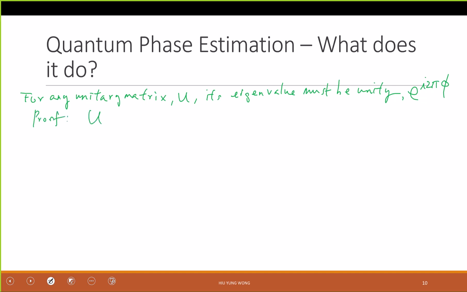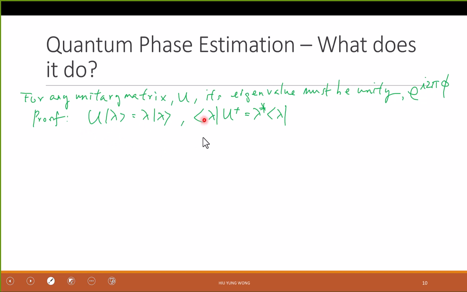I know that the unitary matrix times its eigenvector must be equal to its eigenvalue times its eigenvector, right? And then I can write its bra equivalent form, which is this. Do you remember this? What is the bra form?